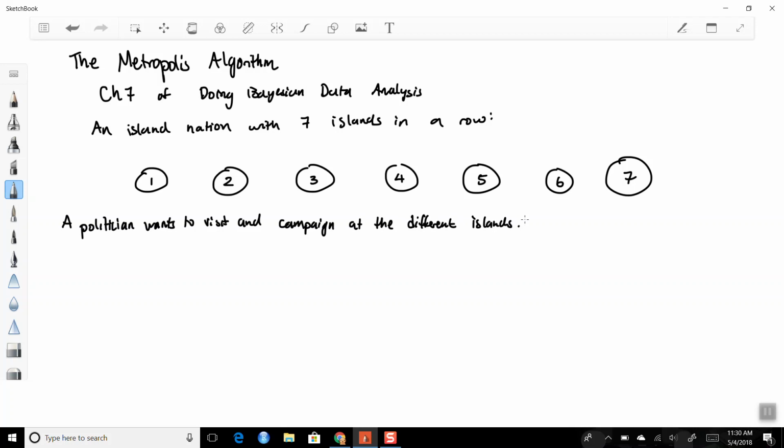The big islands that have lots of people, he wants to visit lots of times. Small islands with few people, he still wants to visit them, but spend less time there.